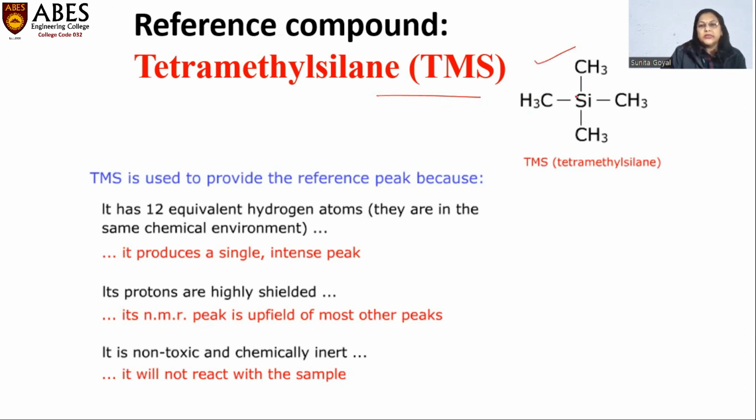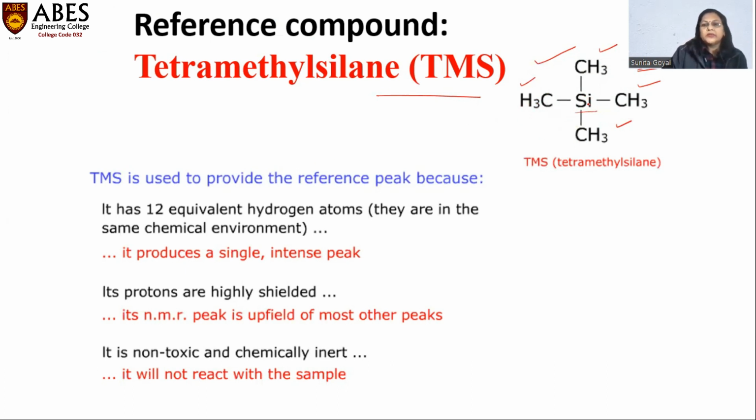This is the structure of tetramethylsilane. Here in the center, it is a silicon atom, and the 4 valencies of silicon are saturated by 4 methyl groups. These 4 methyl groups contain a total of 12 hydrogens, and all these 12 hydrogens are equivalent to each other. Therefore, they will give only one signal.